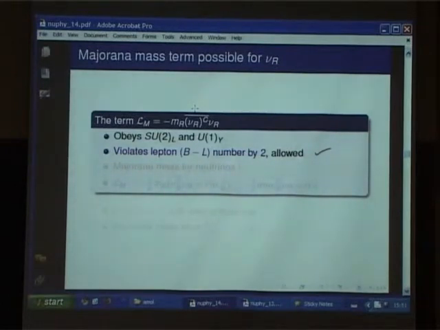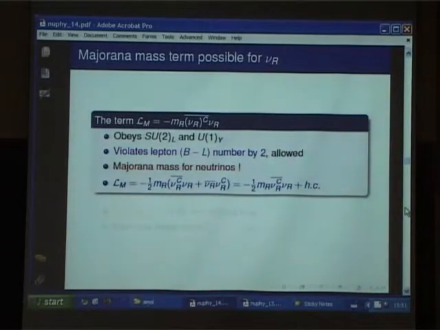If lepton number violation is allowed, then we can write a term like this in the Lagrangian, and this term is called a Majorana mass. This is a symmetry that the Standard Model does not impose on it. It is just observed.